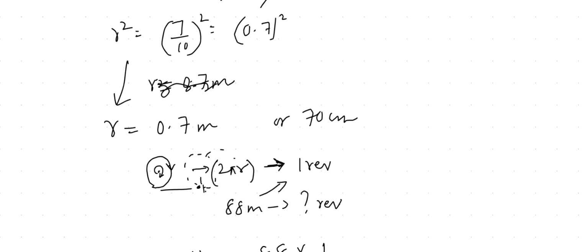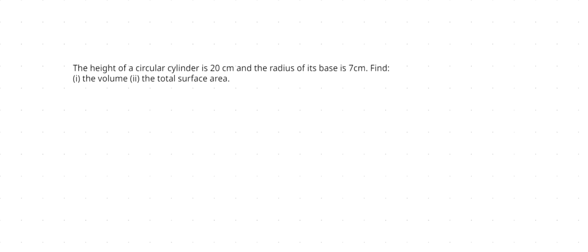The height of a cylinder is 20 centimeters and the radius of the base is 7 centimeters. Find the volume and the total surface area.